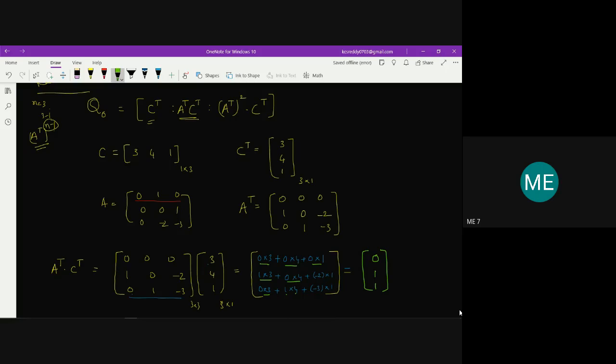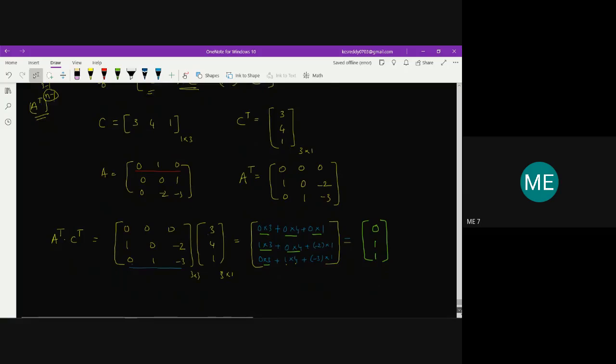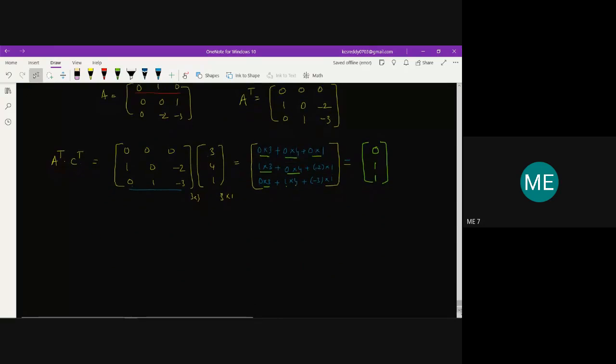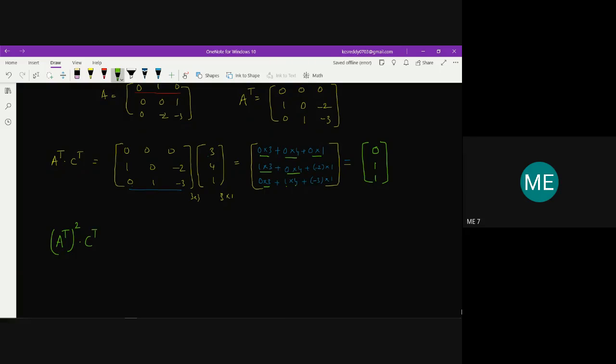Now I have to calculate A transpose whole square into C transpose. Here I can use a simple way of calculation: A transpose into C transpose, the resultant of which is already there.